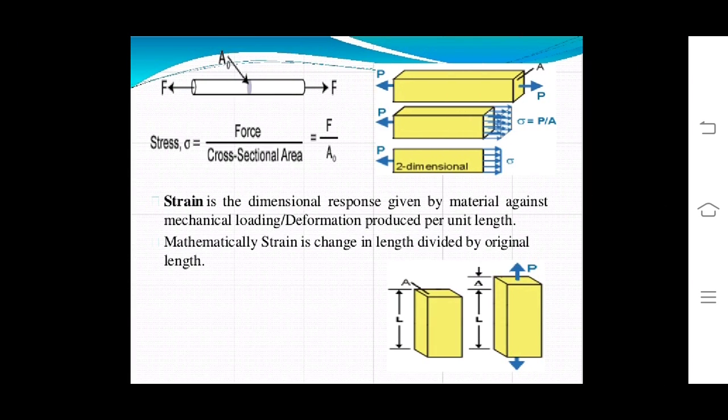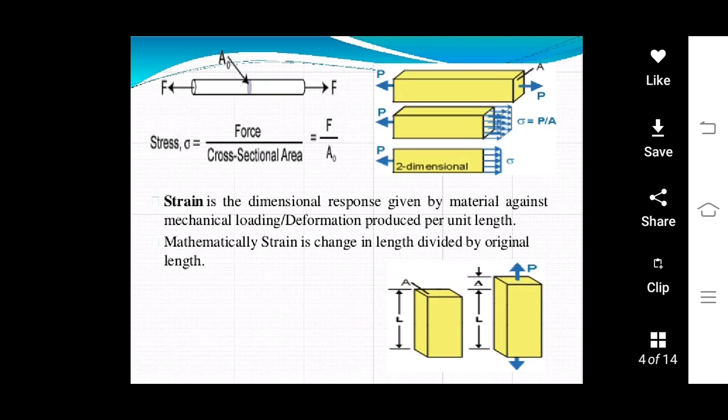In this diagram, it is shown how pulling stress or pulling loads act on the cross sectional area of the metal and how the stress is calculated from a particular cross sectional dimension and force applied on it.